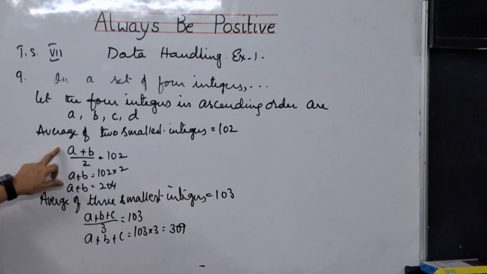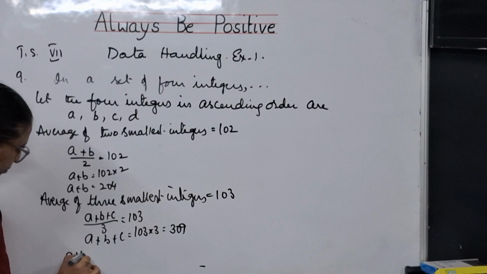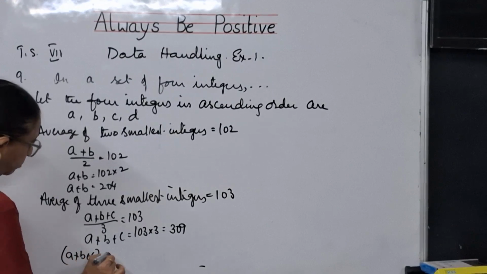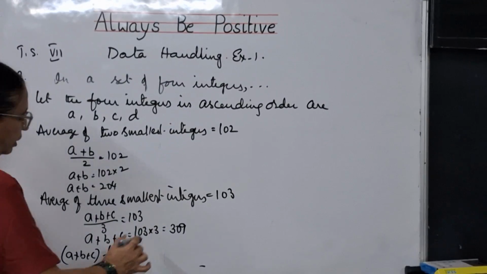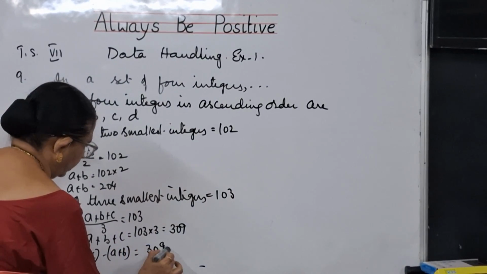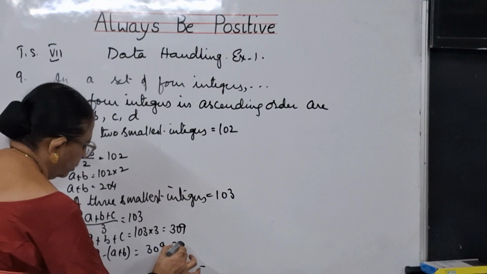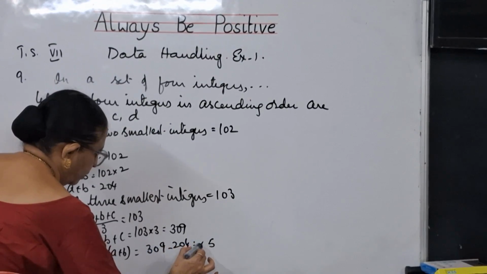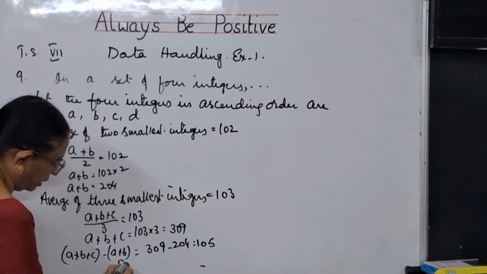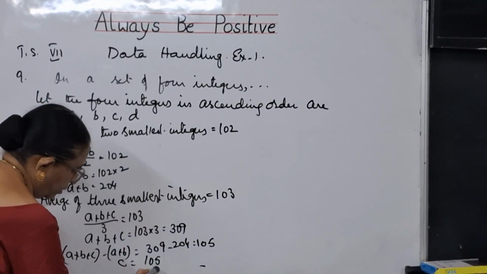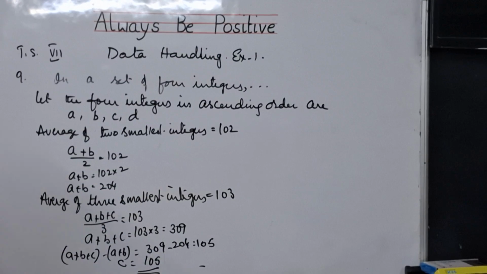So, you can find out one value here. A plus B plus C minus A plus B will give you 309 minus 204. So how much are you getting? 105. What is this? This is nothing but C. C value is 105 we have got. With these two, we could find out C.